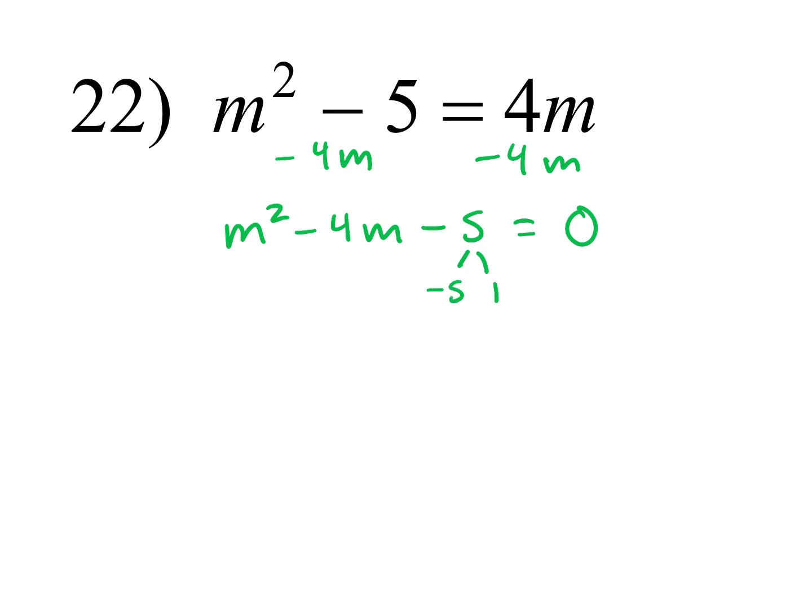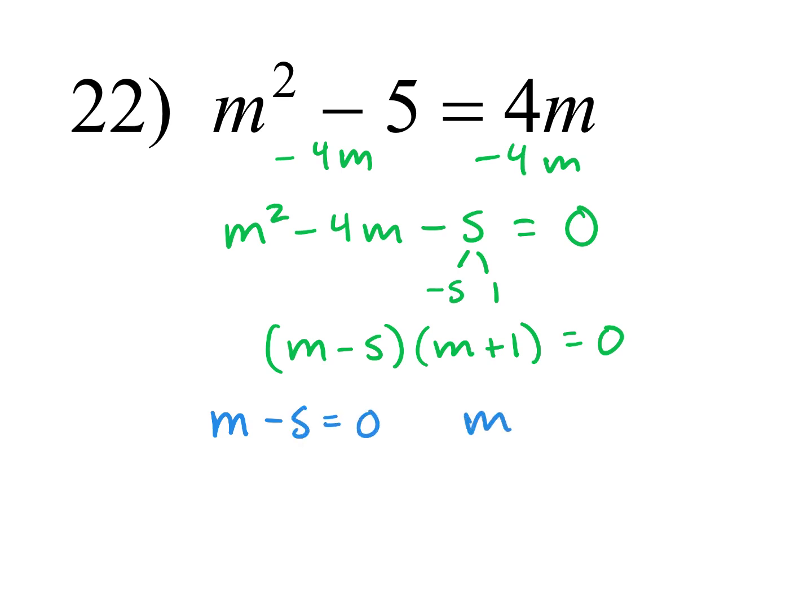Negative 5 and 1. So I have m minus 5, m plus 1. What do I do next? Set them equal to 0. So m minus 5 equals 0. M plus 1 equals 0. So what does m equal? 5 and negative 1.